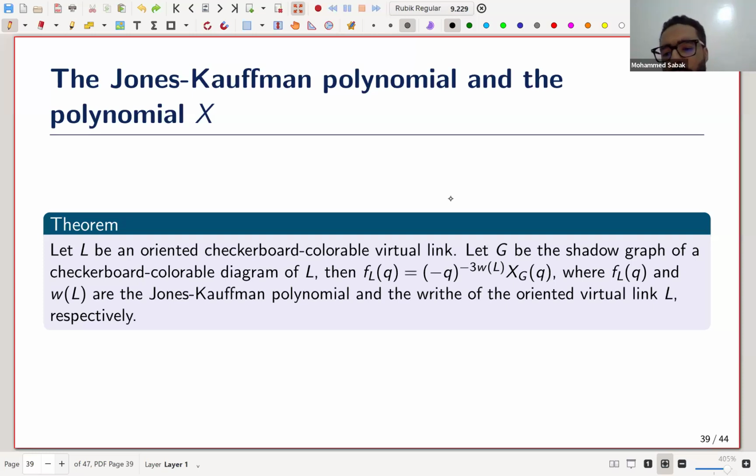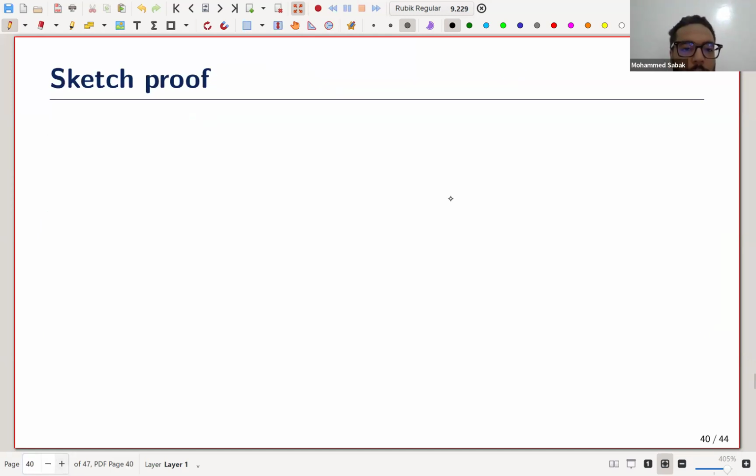Now we are going to explain how the two polynomials are related. If L is an oriented checkerboard colorable virtual link, and G is the vertex-signed shadow graph of L, then the Jones-Kauffman polynomial of L is equal to minus q to the power of minus 3 the writhe of L times the polynomial x of G. For the proof, it's actually very simple.